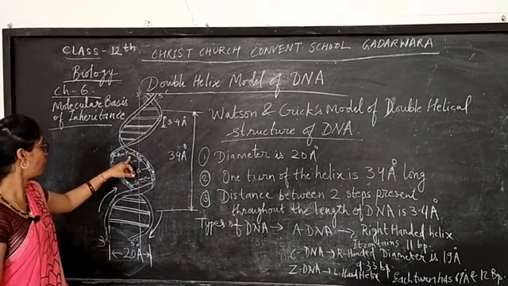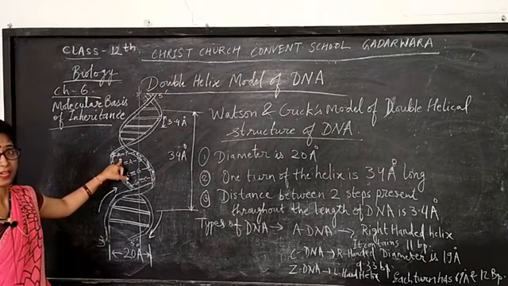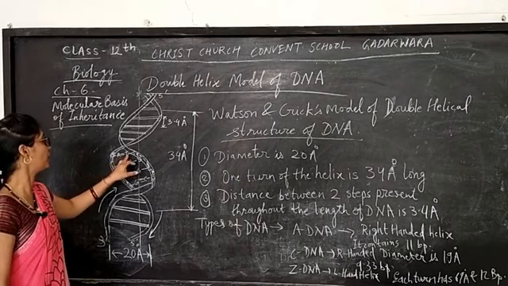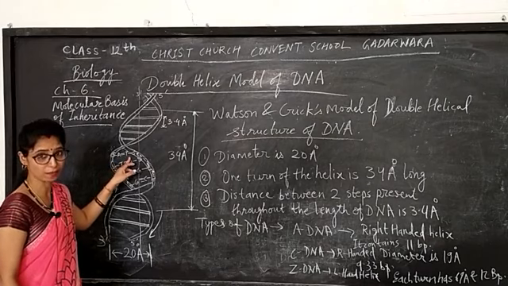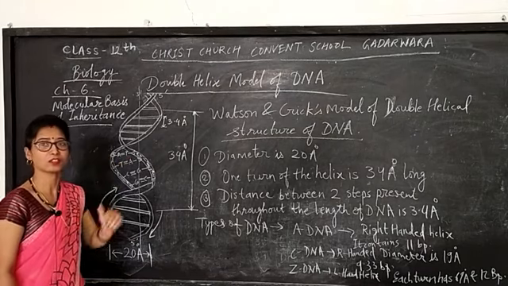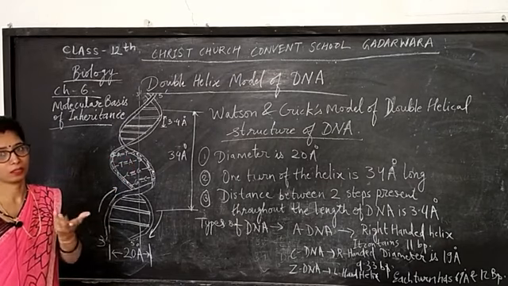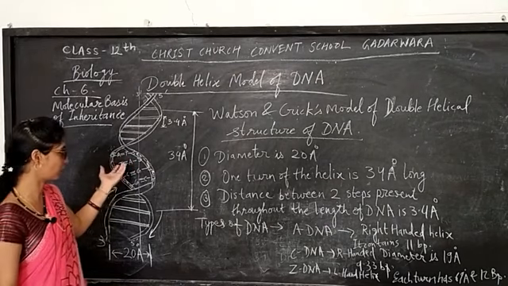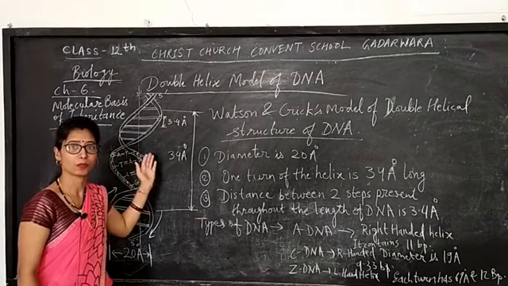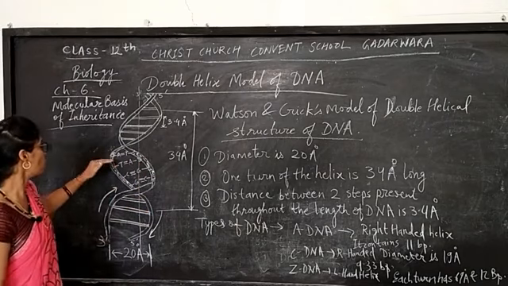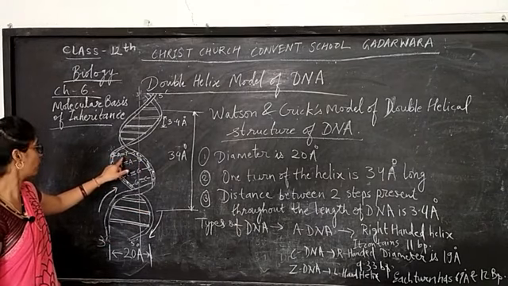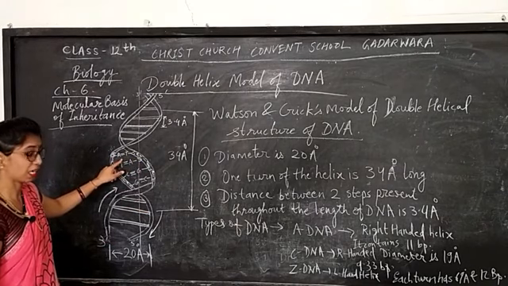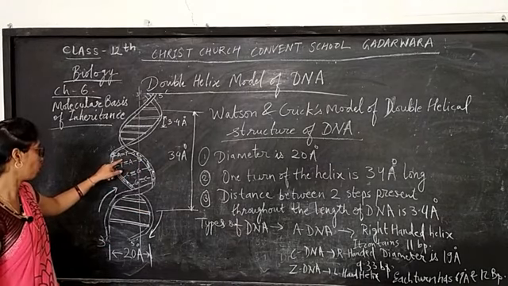You can see here A is bonded with T. A means adenine, T means thymine. In the last class I discussed it, I told you about it. So adenine is bonded with thymine with a double bond, that is a hydrogen bond, okay.